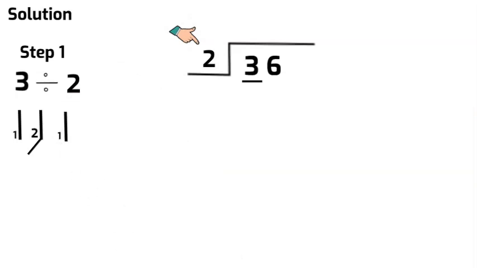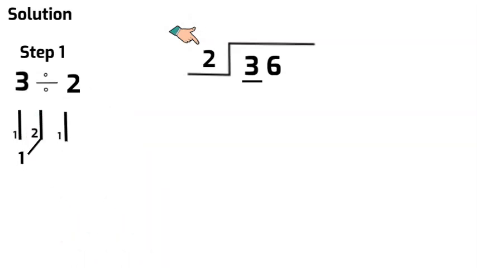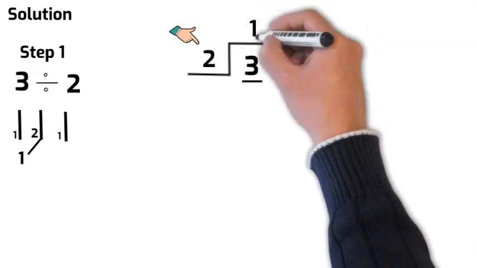So, we say 2 go into 3 just once. We go above the first digit of the dividend and write down 1.